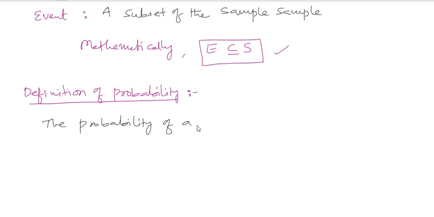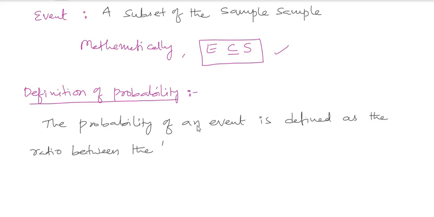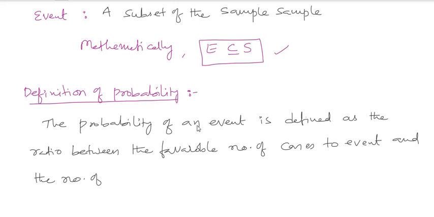The probability of an event is defined as the ratio between the number of favorable cases to the event and the number of outcomes of an experiment.